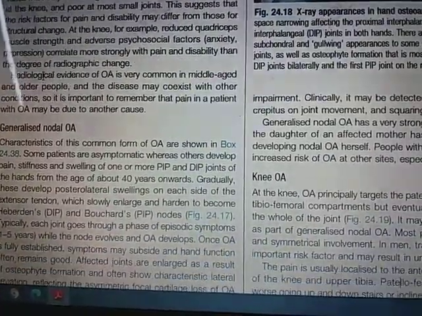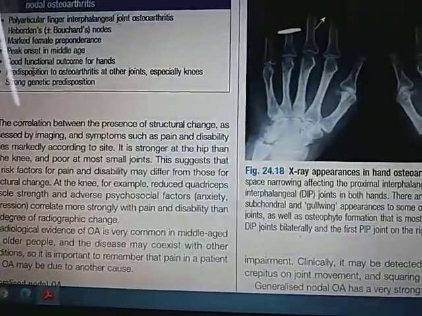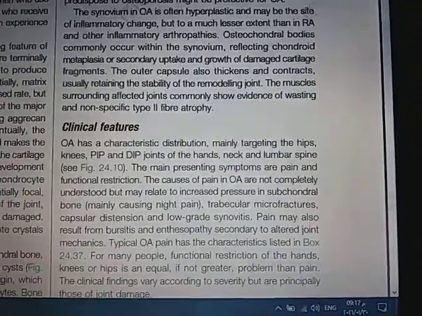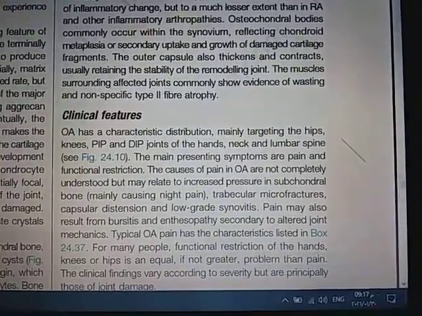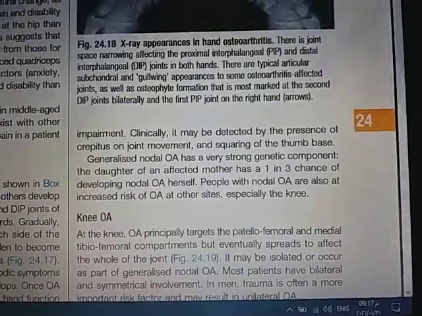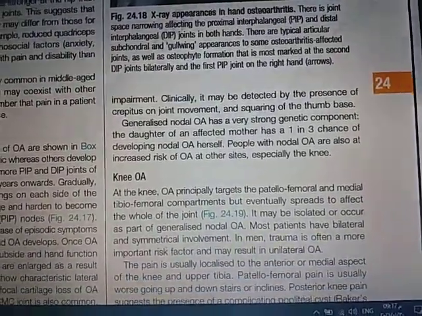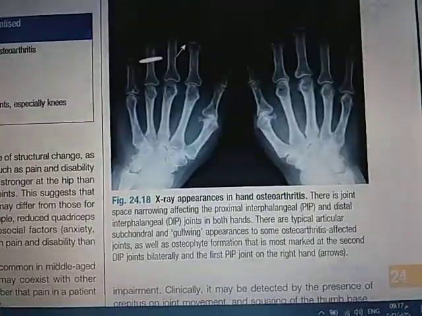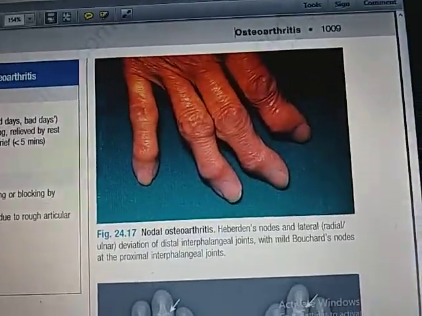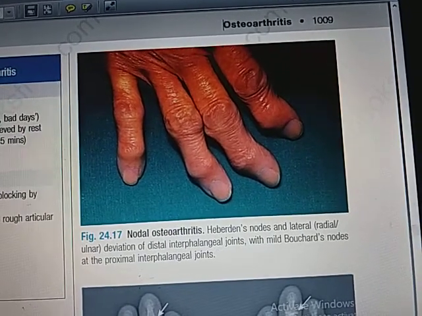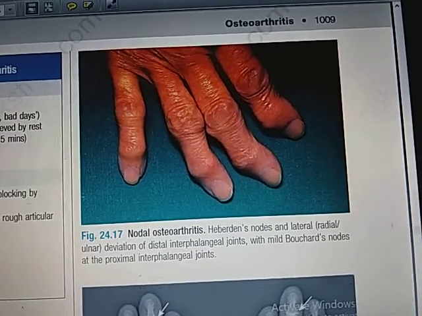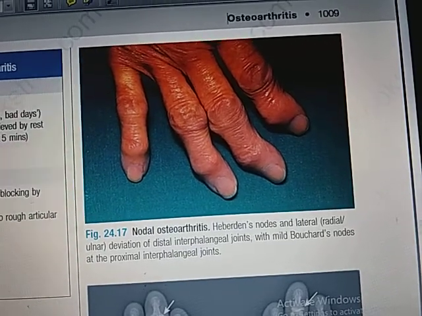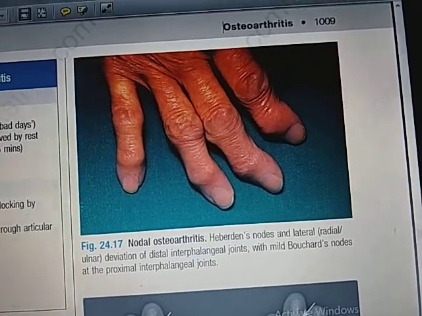Now we shall speak about osteoarthritis in different regions of the body. In the hands, osteoarthritis of the hands, there will be Heberden's nodes in the distal interphalangeal joints.